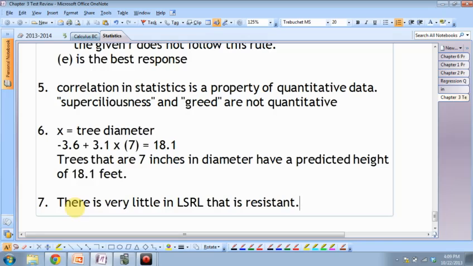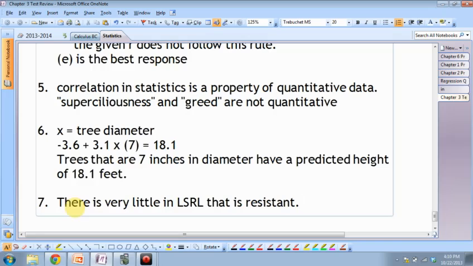Resistant means the effects of an outlier are minimized. So if you think about that, we spent a lot of time talking about how an influential point is the opposite of being resistant. If there is such a thing as an influential point, it's not resistant. So none of these should be resistant.